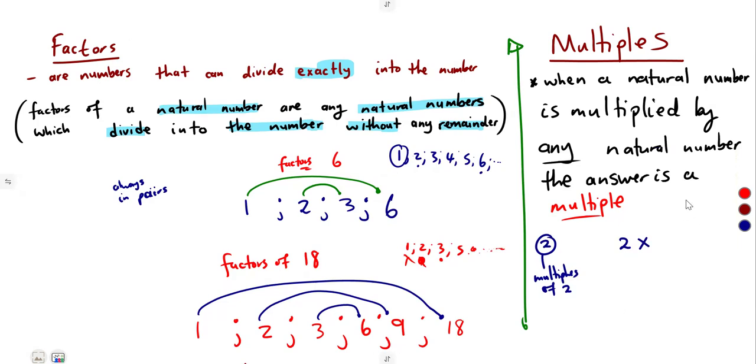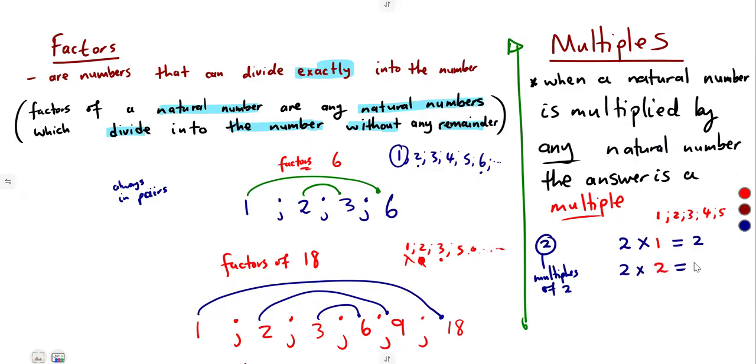You simply have to use the order of what? Natural numbers, counting numbers 1, 2, 3, 4, 5, and so on. So this is what you do. You take these numbers, multiply them to 2. 2 times 1 is equal to what? To 2.